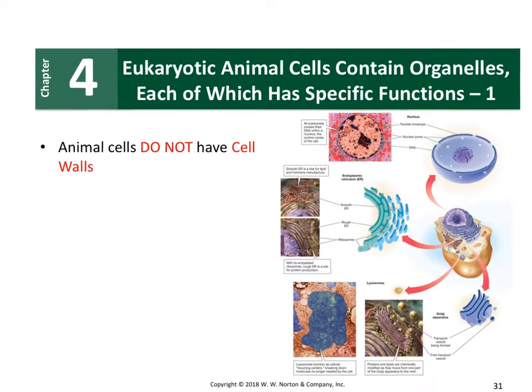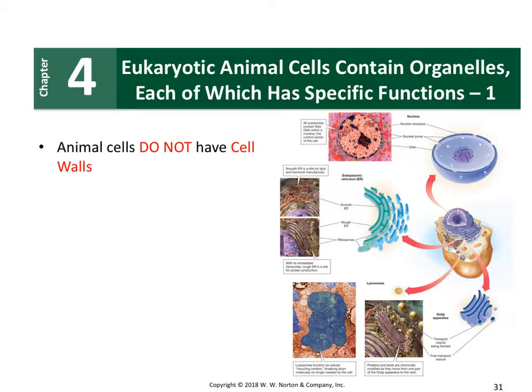Okay, so animal cells do not have a cell wall. They have a cell membrane, but not a wall. Plant cells have a cell wall, and also fungi have a cell wall. So a number of eukaryotes have cell walls and others don't. Bacteria also have cell walls, some do.